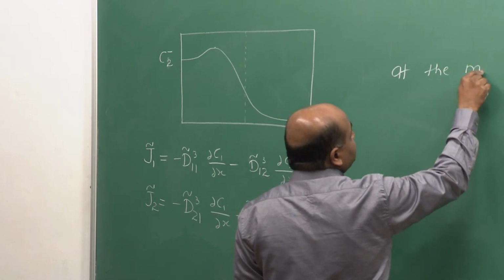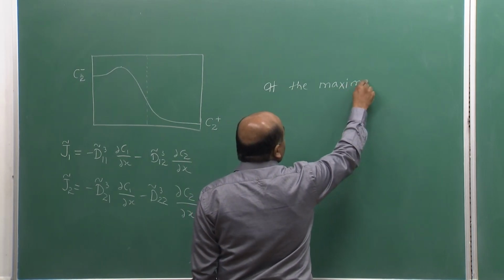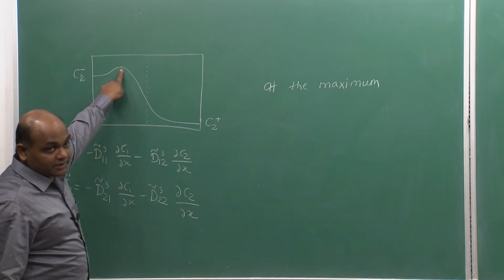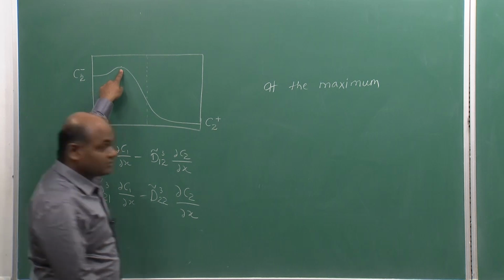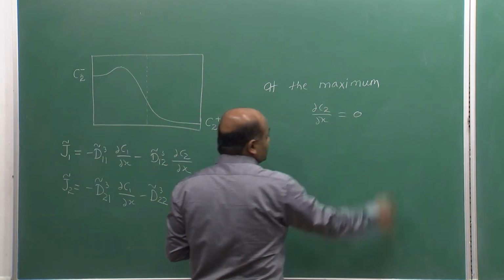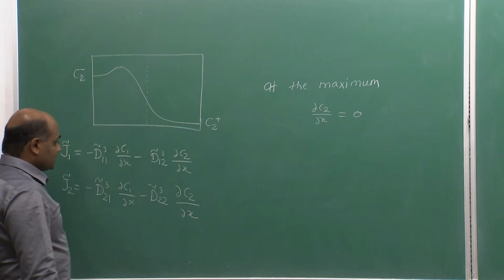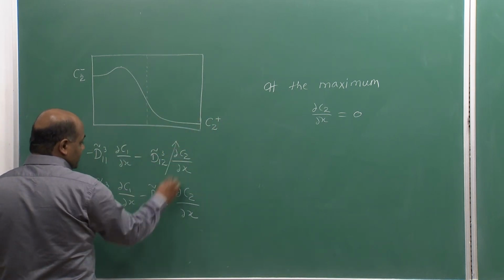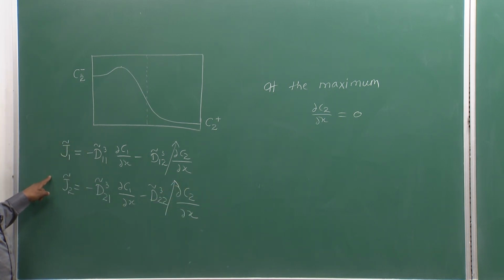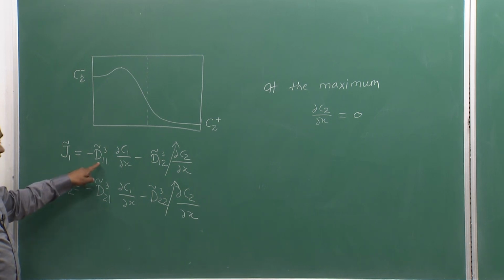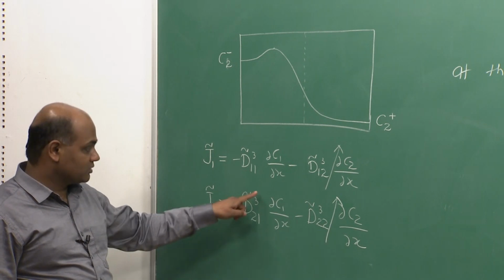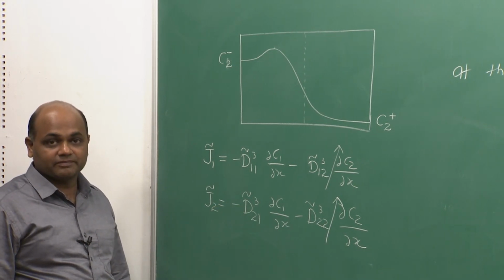At the maximum, the gradient of component 2 is 0, which means dou C2 by dou x is 0. So, I can get rid of the second term in both the flux equations. So, essentially I can get 2 values, D11 and D21 with respect to 3 as dependent component. Right.